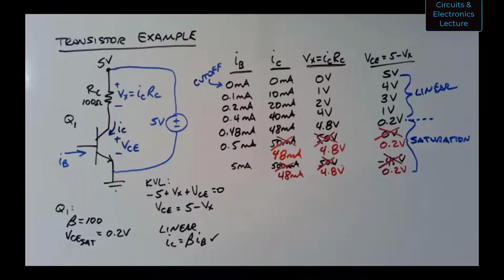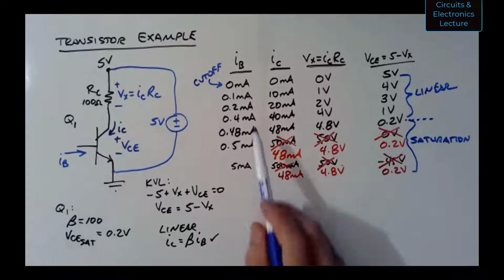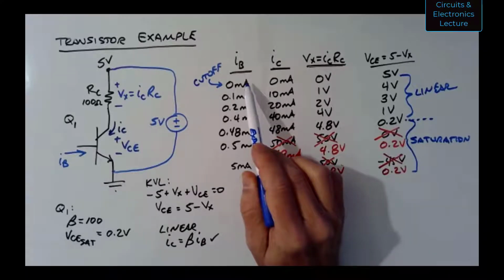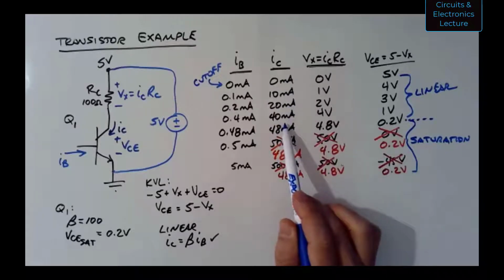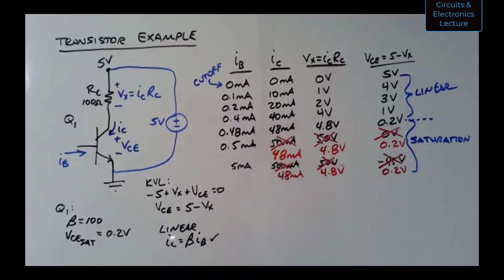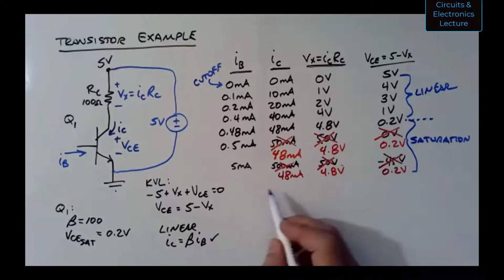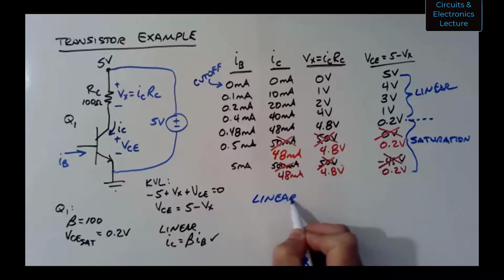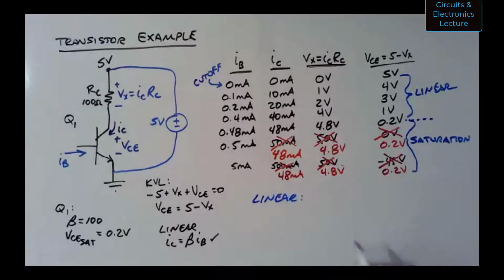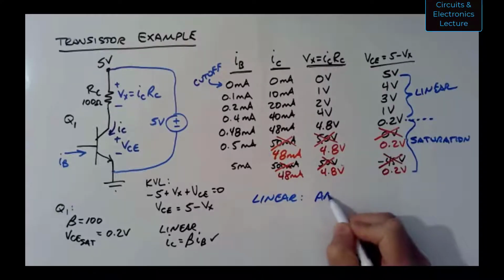So let's notice something here. We have a way to control a current with a smaller current, and that's an amplification function. So in the linear region, this transistor circuit is acting like an amplifier.